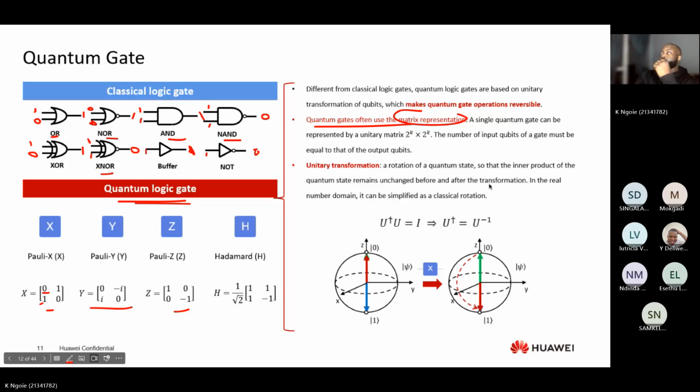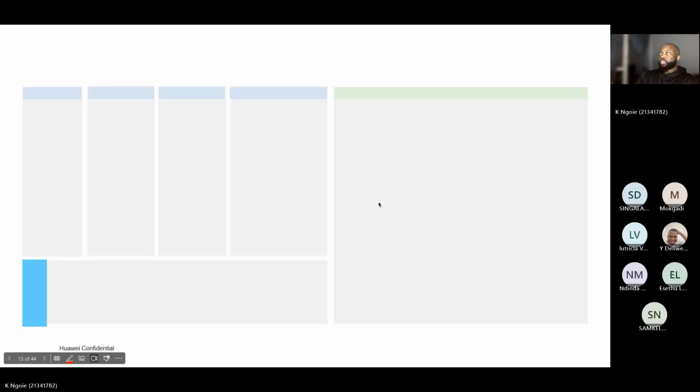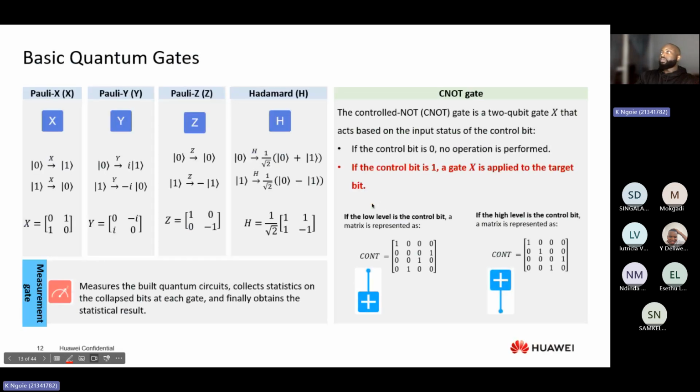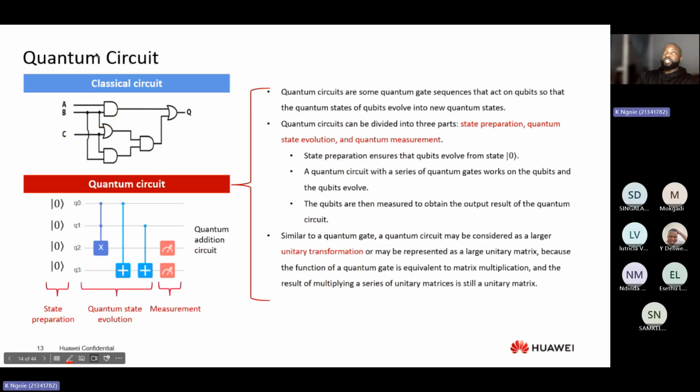Okay, so these are just examples of gates that you can see. This is a representation of how classical circuits may look.